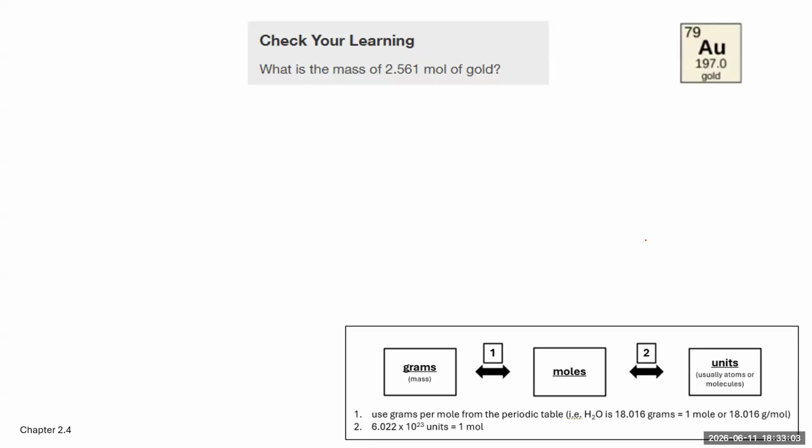Mass, moles of gold, right? So what is the mass of 2.561 moles of gold? So we have 2.561 moles of gold, and we're trying to find mass. So mass is measured in grams. So we have grams of gold. Where could we find a conversion rate that goes from moles to grams or grams to moles?